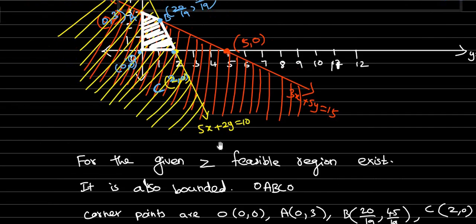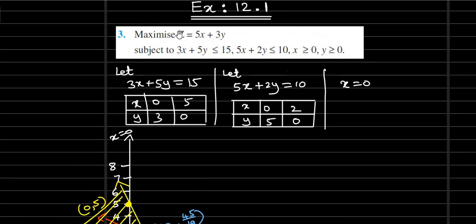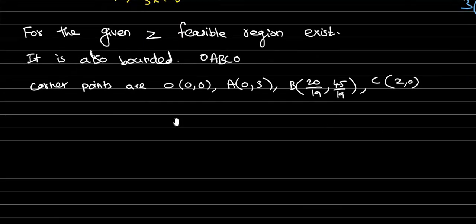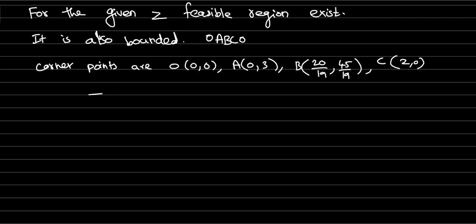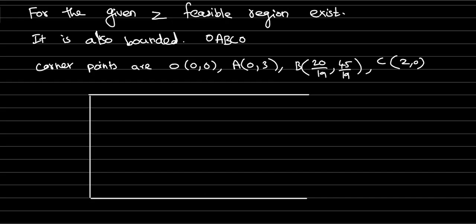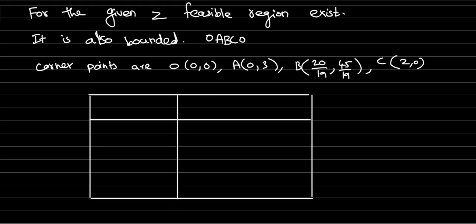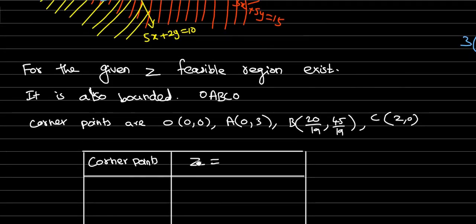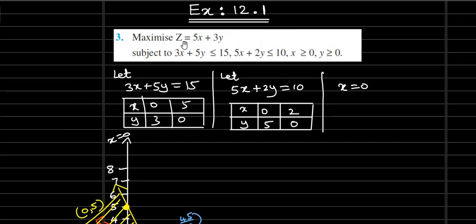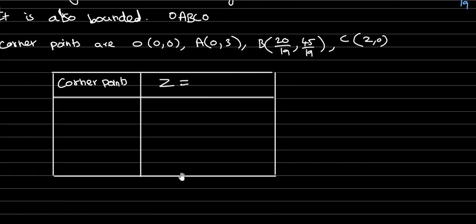Okay, so what is the question demanding? We have to find the maximum value of Z, right? So now all these corner points, let's substitute in Z. Totally we got the 4 corner points. In Z, what is the given Z here? 5x plus 3y.